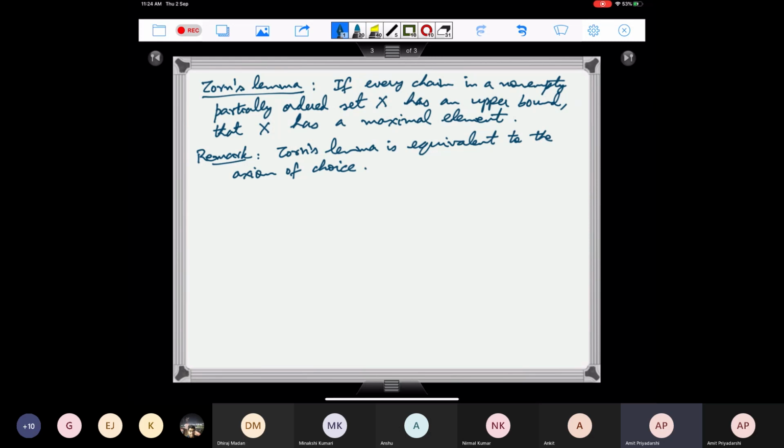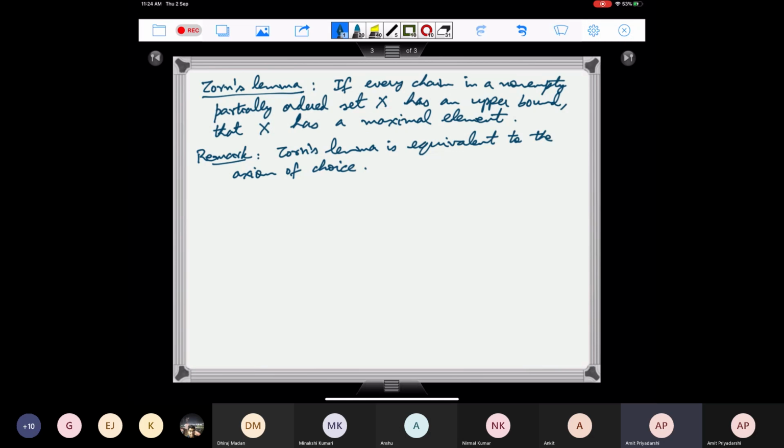If you don't assume the axiom of choice, then you can have a vector space without a basis, and many things that we prove using the axiom of choice will go wrong. But without the axiom of choice we also have a consistent set theory. So this is not something that one can prove. We are saying that Zorn's lemma is equivalent to the axiom of choice.